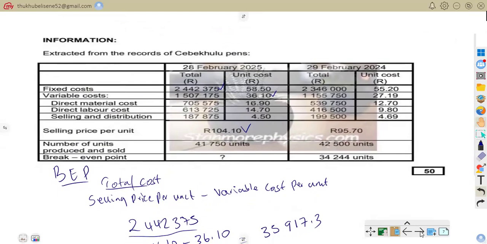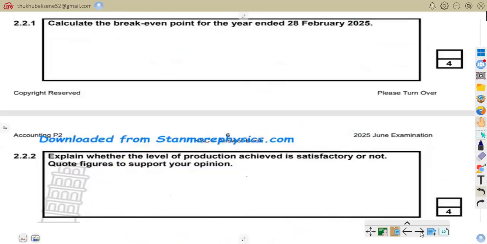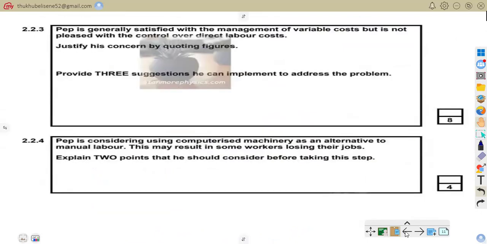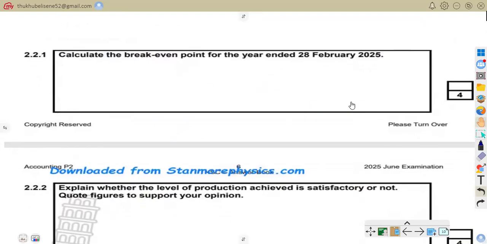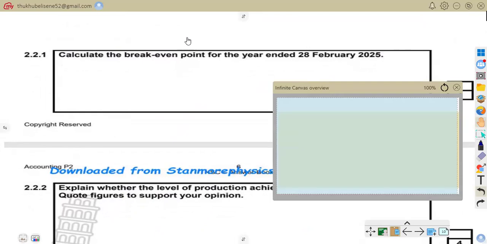And then we go to our answer book. So here we are on our answer book. Remember, we are asked to calculate the break-even point.